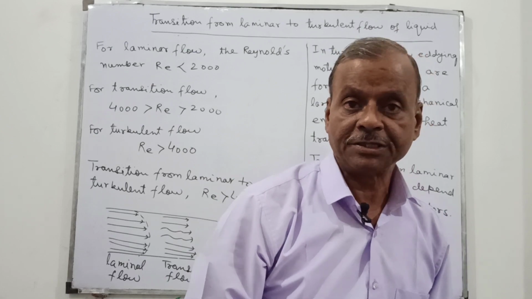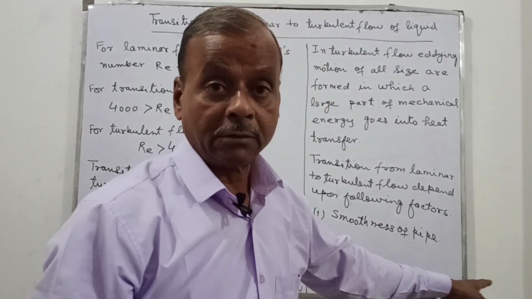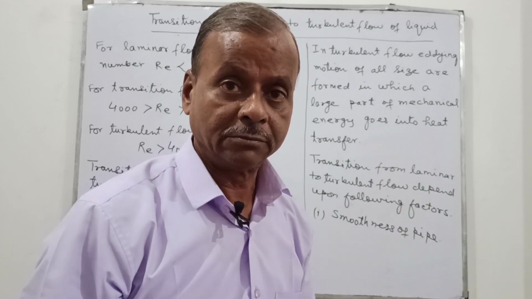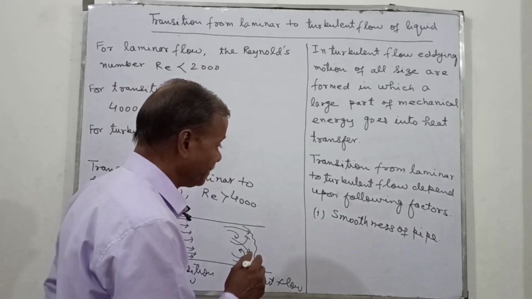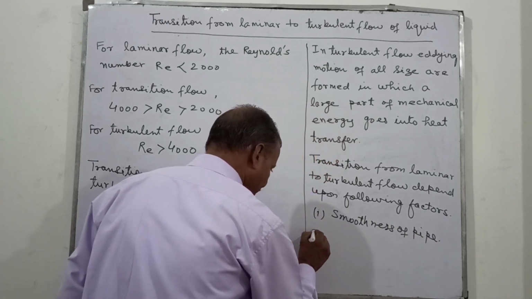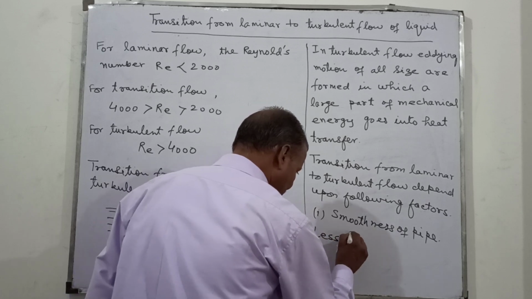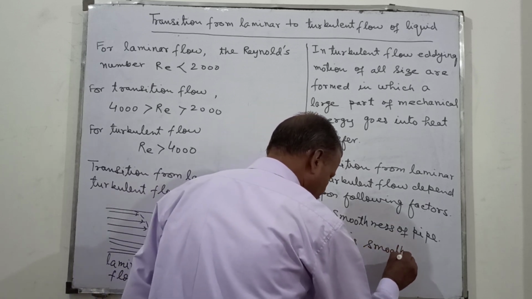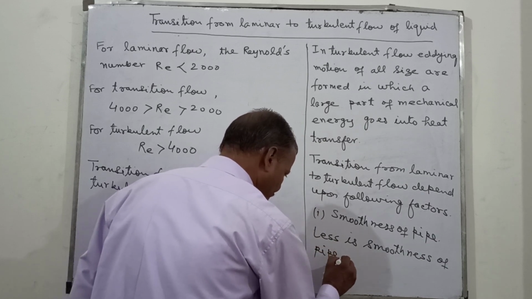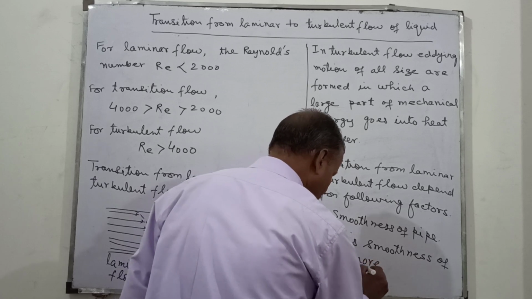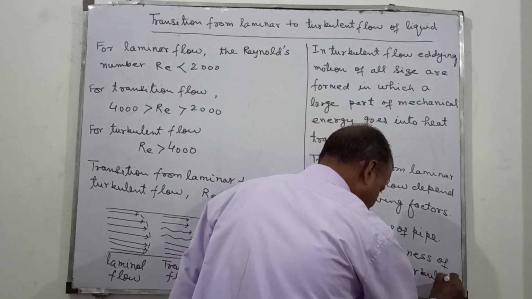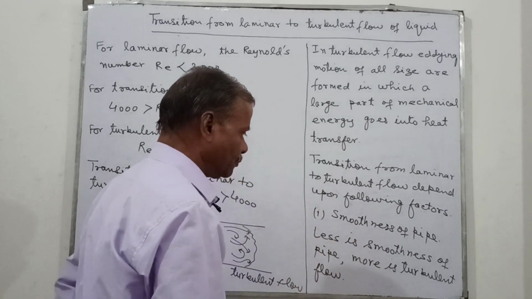As the smoothness of the pipe increases, the turbulent flow becomes harder. So if the pipe is rough, then the turbulent flow is very high. Less the smoothness of the pipe, more is the turbulent flow.